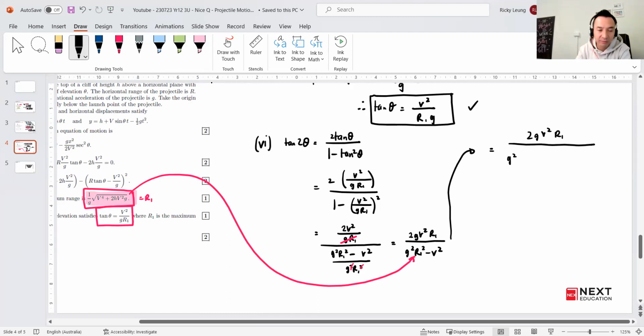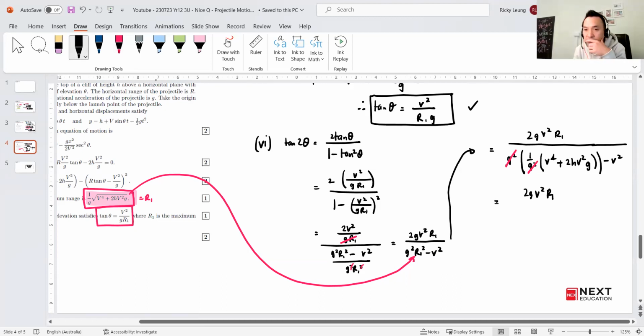Now, if I square that, I get 1 on g squared, good, because that cancels out g squared, times v to the 4. Oh, perfect, look at that, v to the 4. Plus 2Hv squared g minus v squared. Let's have a look. That becomes 2g v squared R1. Now, on the bottom here, g squared goes away.